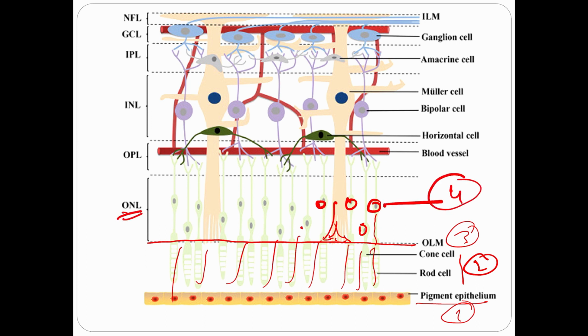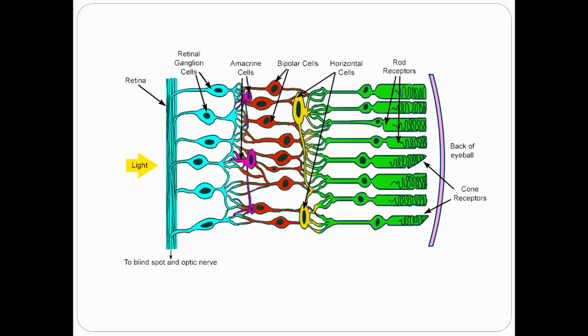This is layer number 4, and then their terminals come. Now is the time their terminals will hand over their signals to the first order neurons. These are called the bipolar cells, which we have seen previously also. They are first order neurons, equivalent to the dorsal root ganglia in any sensation, normally.